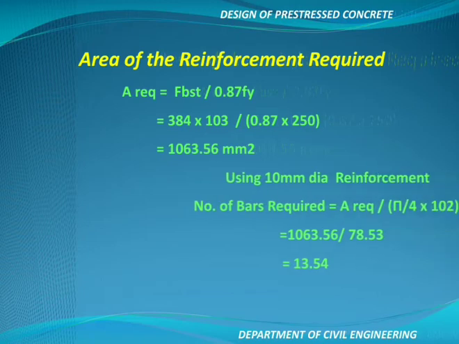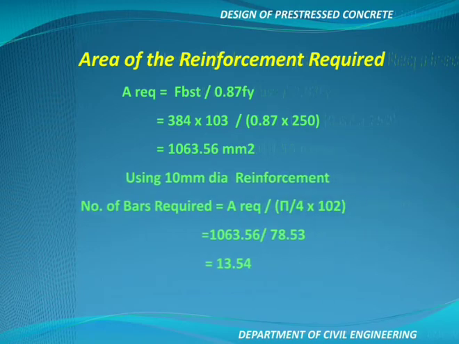So again, using 10 mm diameter bars, the number of bars required is equal to area required divided by area of 1 bar. We get the number of bars required as 13.54, but we cannot provide such a number of bars as discussed earlier. It is better to provide bars which are multiples of either 3 or 4, so that the arrangement can be made properly.